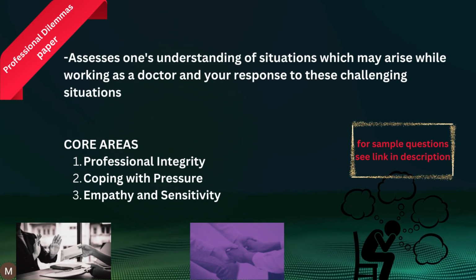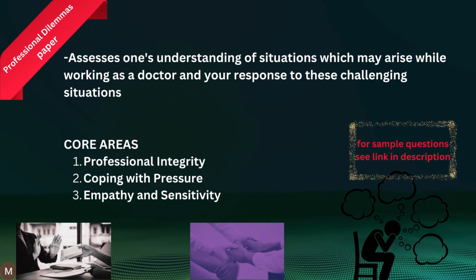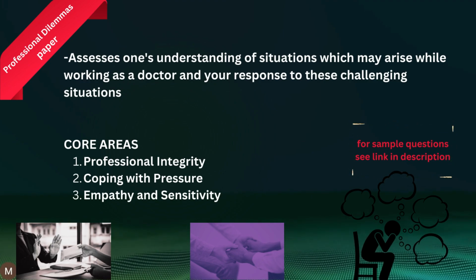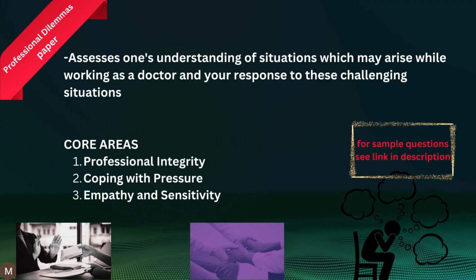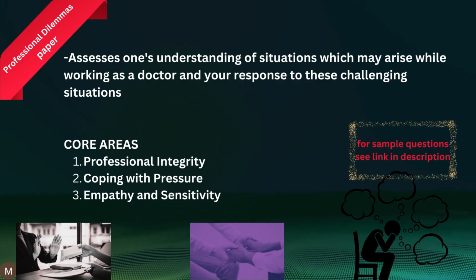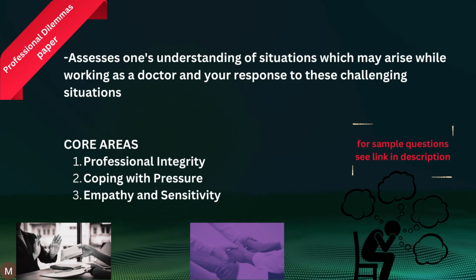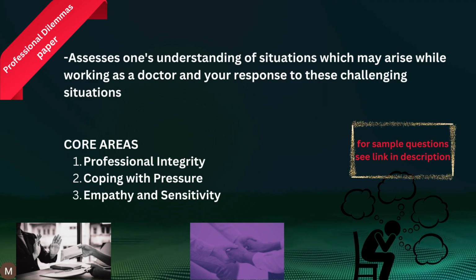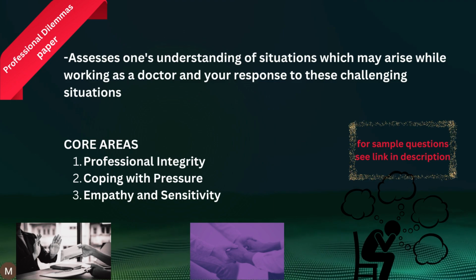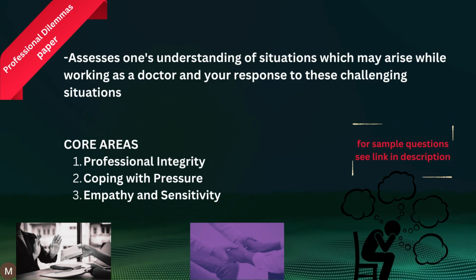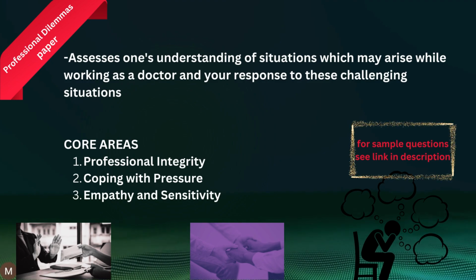The other part of the exam, which is the professional dilemmas paper, also called the situational judgment test or the SJT section, assesses a candidate's understanding of situations which may arise while working as a doctor and the response of candidates to these challenging situations. It does not test knowledge or problem solving.